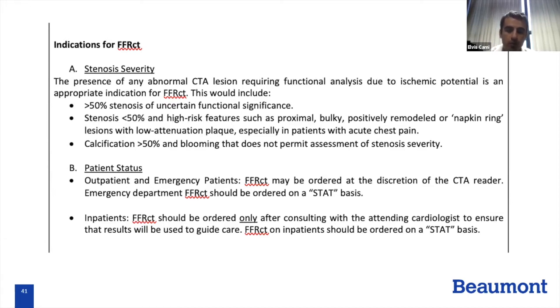For inpatients, we're being a little restrictive because there's an extra cost to sending this. So for patients that are admitted to the hospital, that get a CT, that need FFRct, there's an internal communication that has to happen first between the reader and the cardiologist that's taking care of the patient.